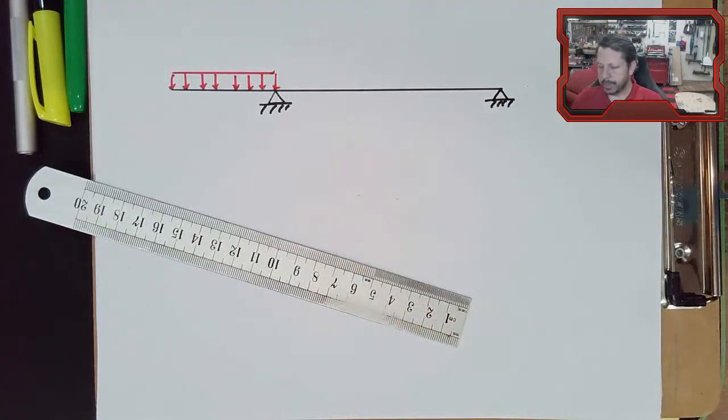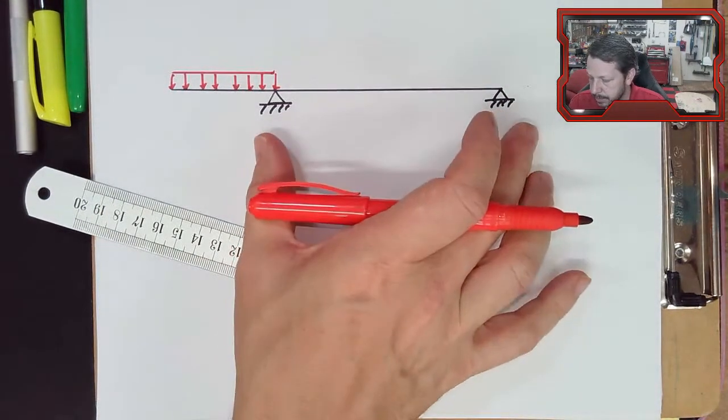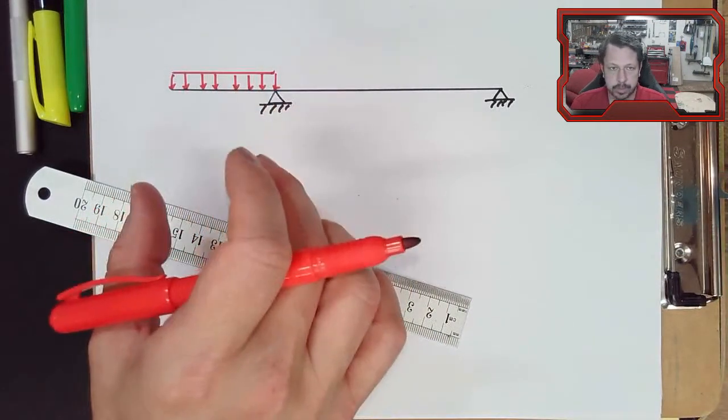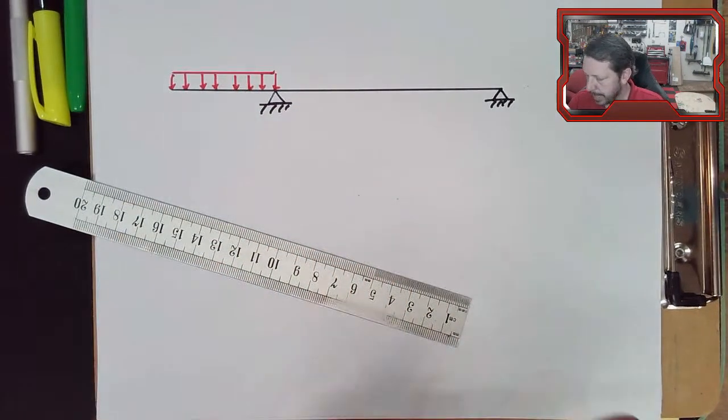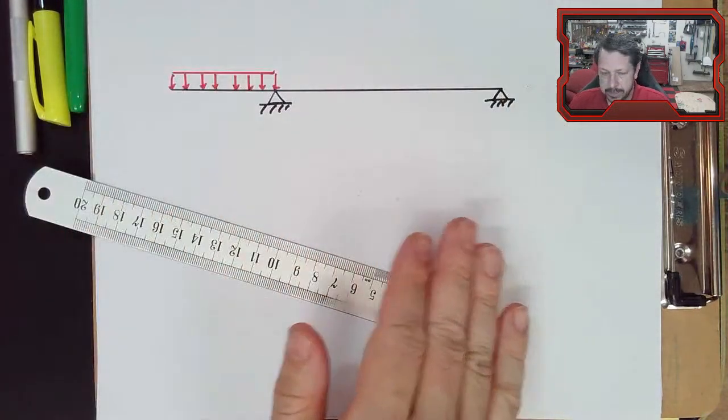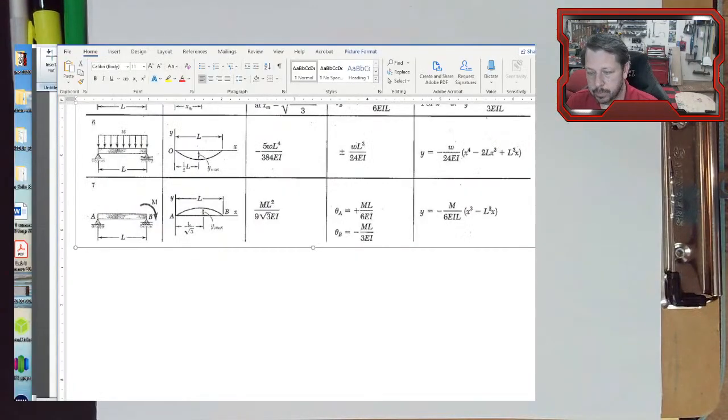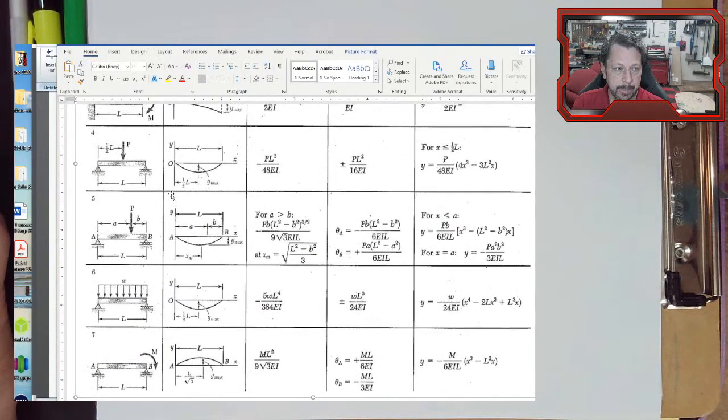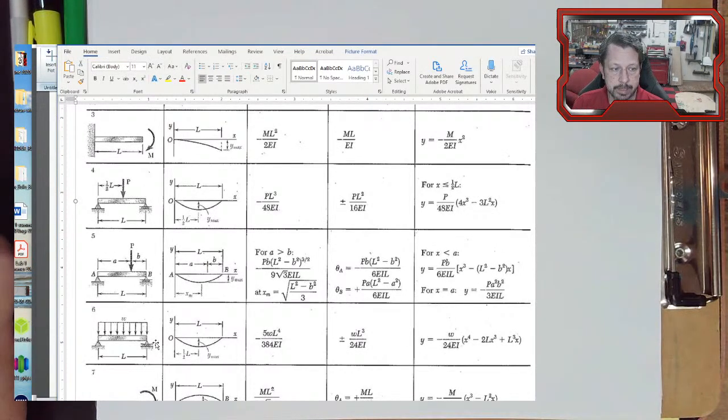All right, so we don't have a case that's anything like this. We don't have any that combine simply supported with cantilever, but that's what we have here. So our job is to figure out how do we convert this into something that does match one of these cases for the simply supported beams.